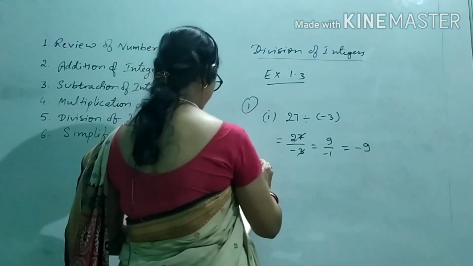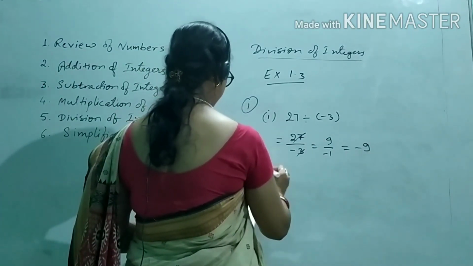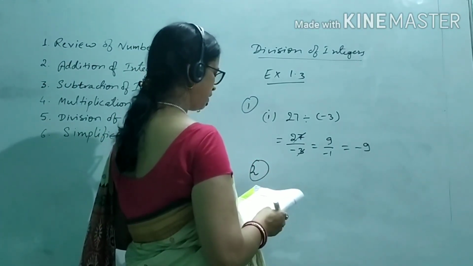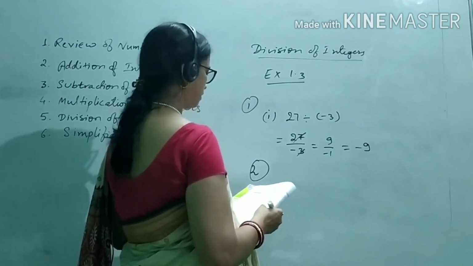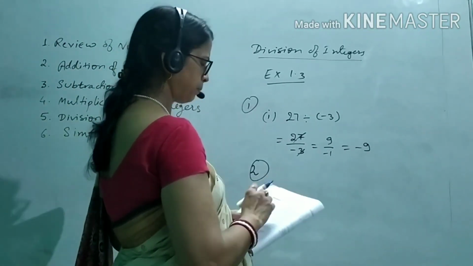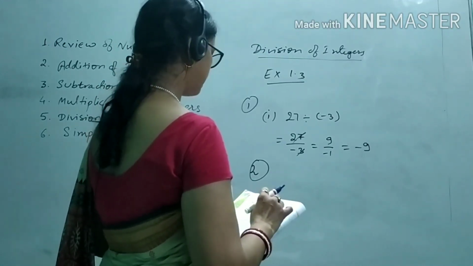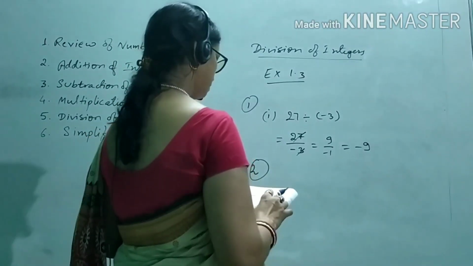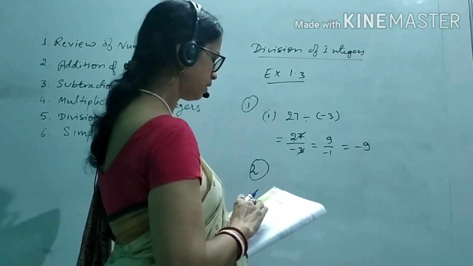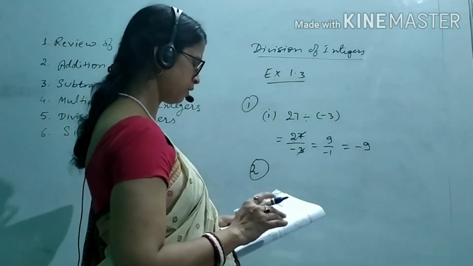Now coming to the second question, it is just to verify. You can verify all of these on your own, by substituting values for a, b and c. Try to read questions 2, 3 and 4 on your own, as you have done in the previous exercises.